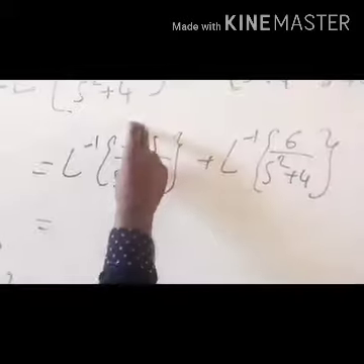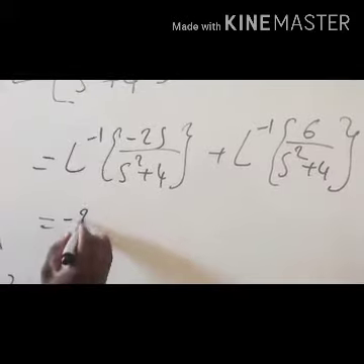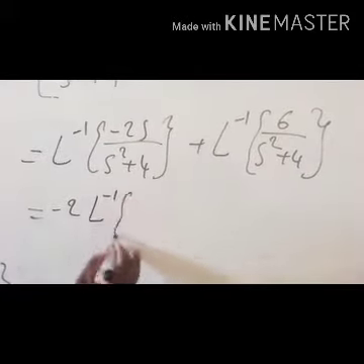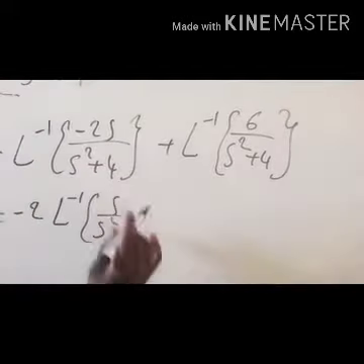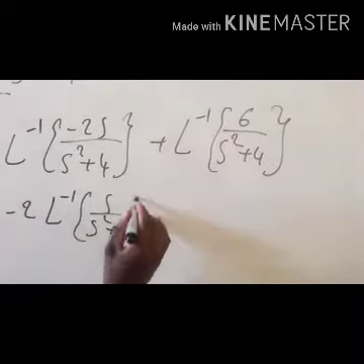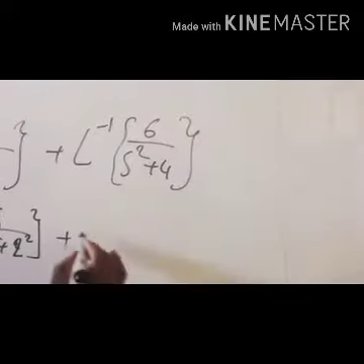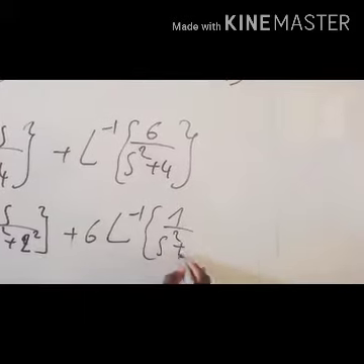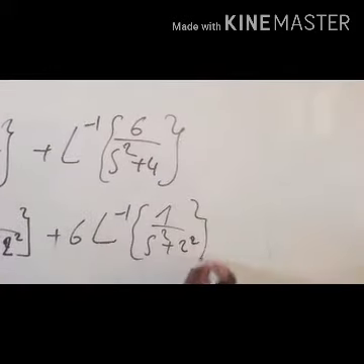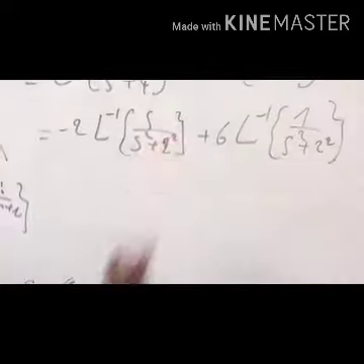The minus 2 must go outside: we get minus 2 times the inverse Laplace transform of s divided by s squared plus 4, where 4 is equal to 2 squared. Plus the 6 goes outside: 6 times the inverse Laplace transform of 1 over s squared plus 4, where 4 is equal to 2 squared.